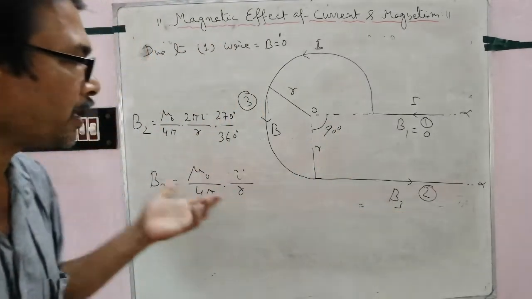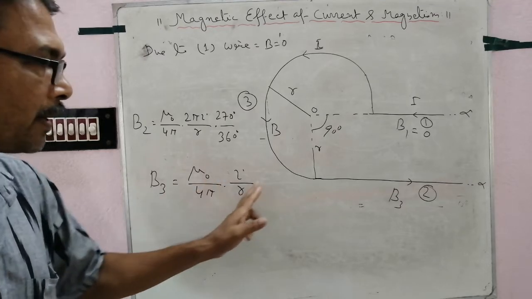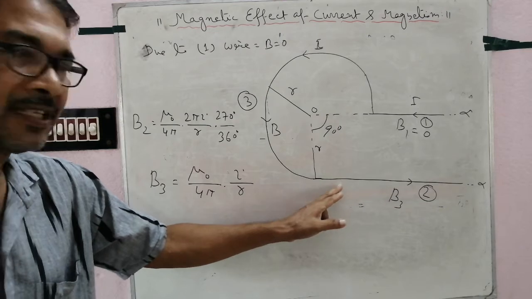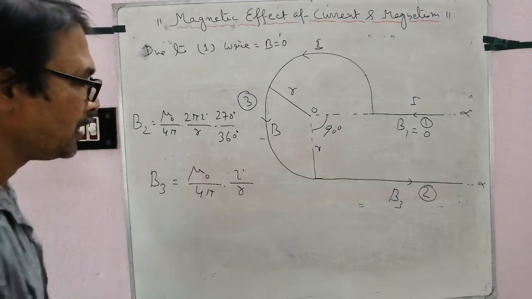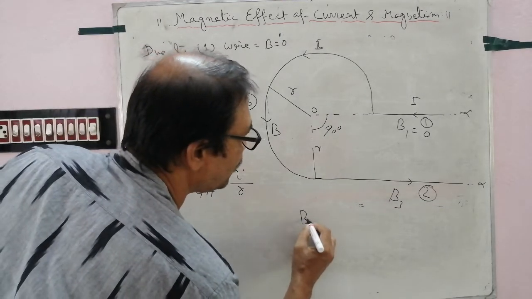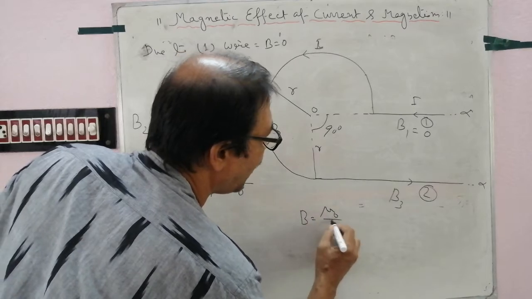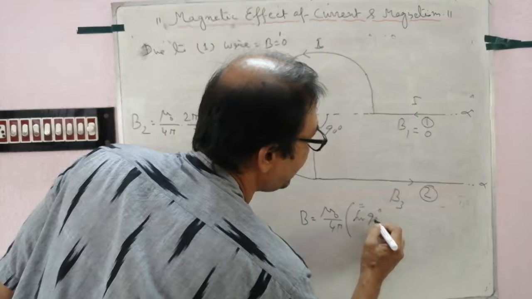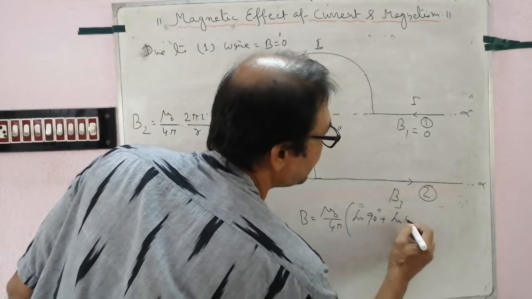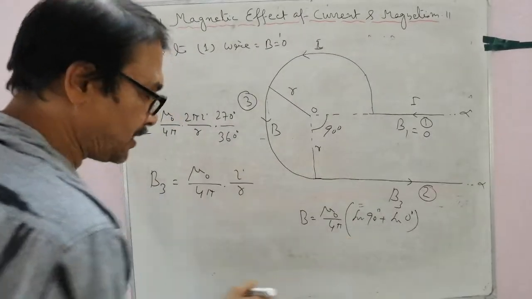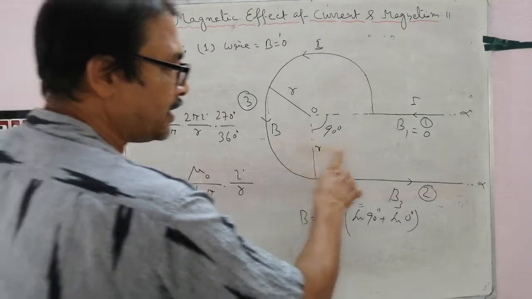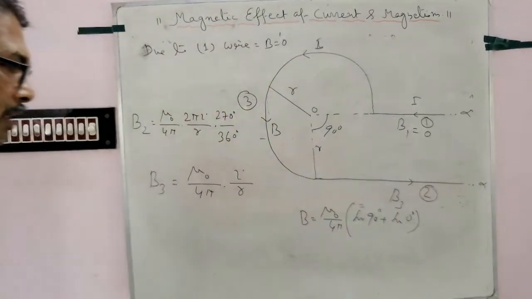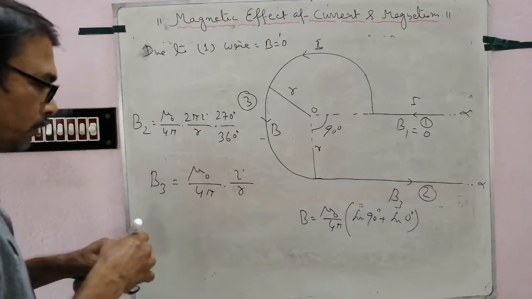For infinitely long on both sides, 2I by R, but for one side it is sine 90 degrees plus sine 0 degrees in this equation. In my last class, B equals mu naught by 4 pi times sine theta 1 plus sine theta 2, here theta 1 equals 90 degrees on this side and 0 degrees on this side. So 2I by R. Follow.